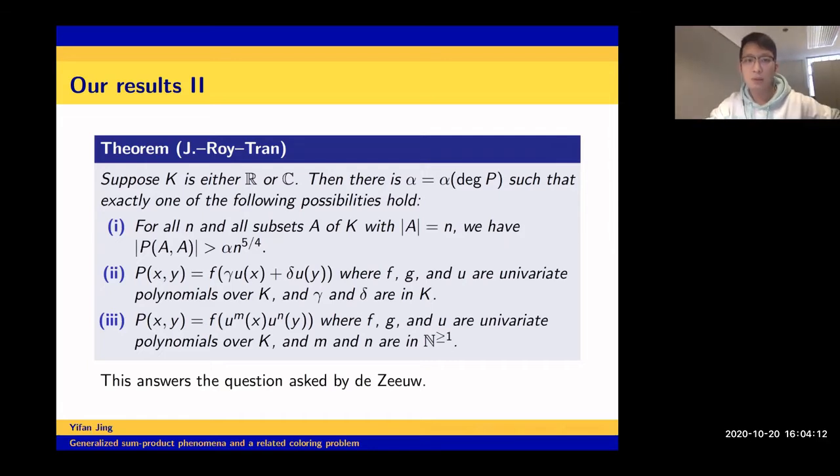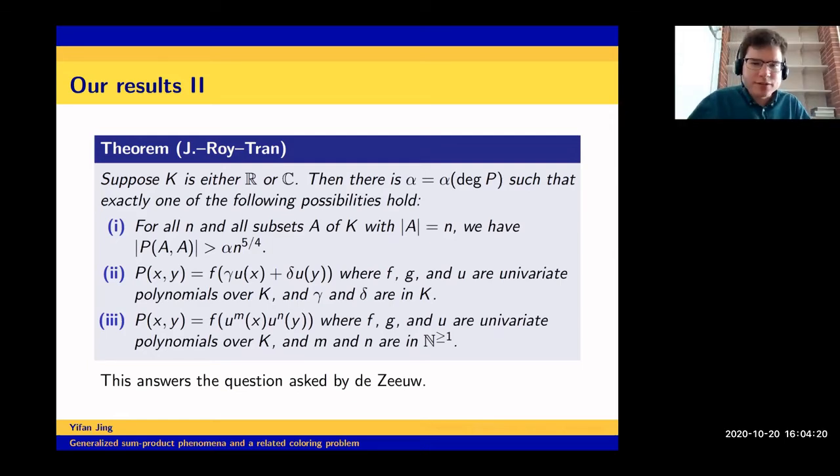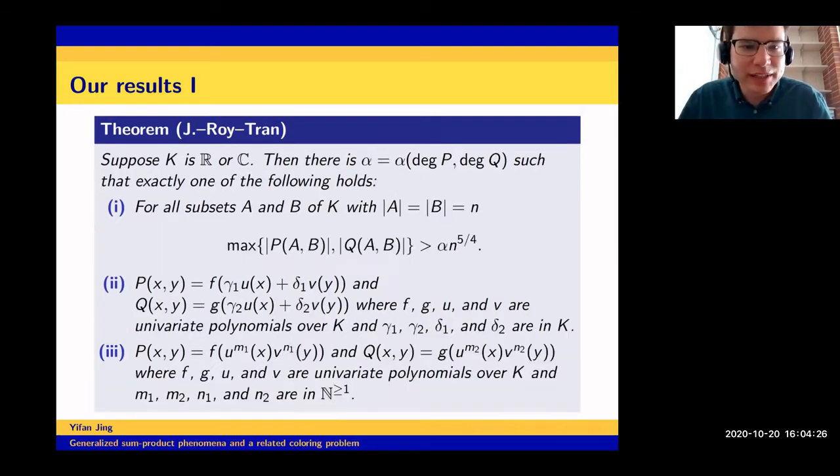Okay. So any questions until now about the statement of the theorem? In addition to saying something about the polynomials themselves, if the sum in this P(A,A) or P(A,B) may be small, can you also say something about the structure of the subsets A and B for which this maximum is small, in terms of maybe these univariate polynomials inside of P and Q?